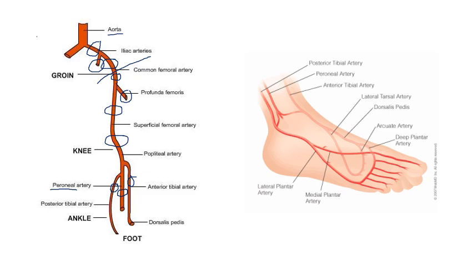But what's important is if you look on the right side here, this posterior tibial artery, so this one right here, is going to curve on the inside of the foot, so by the medial malleolus and underneath the foot, to supply the underside of the foot all the way out to the toes and make an arch right here, connecting to the anterior tibial artery, which comes here.